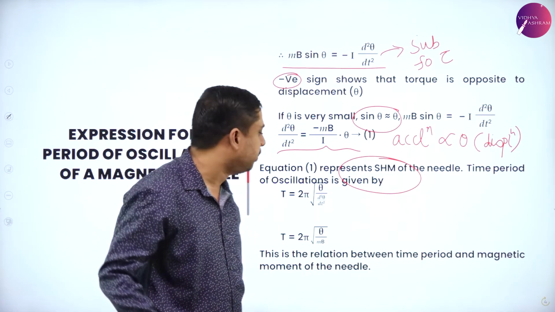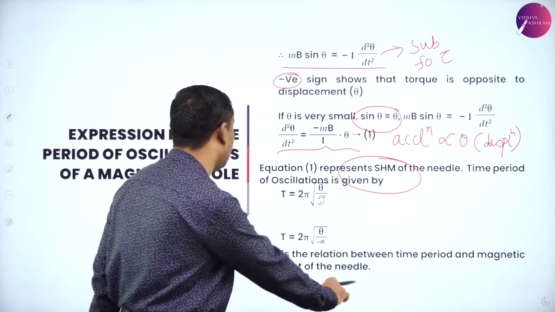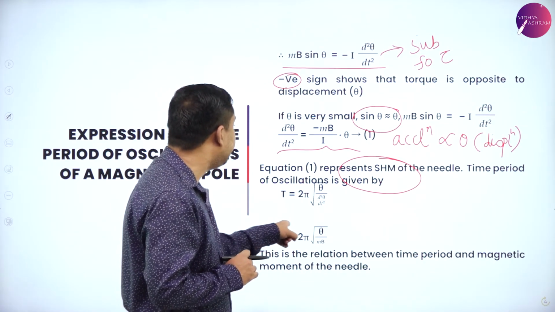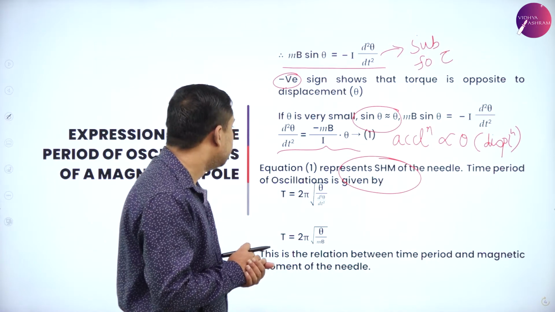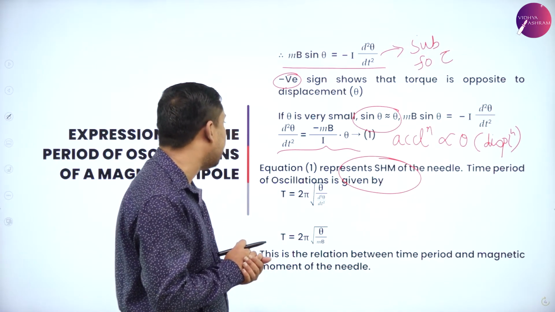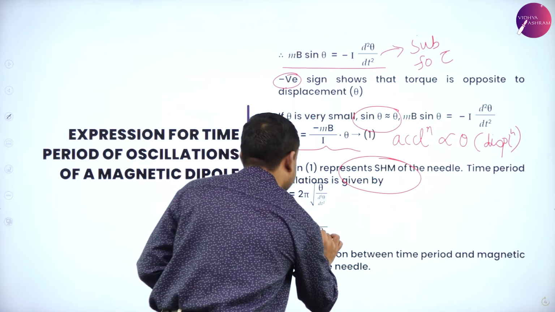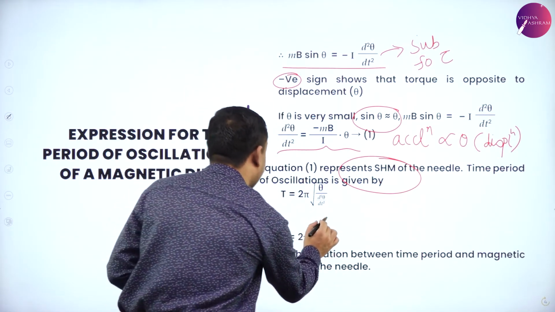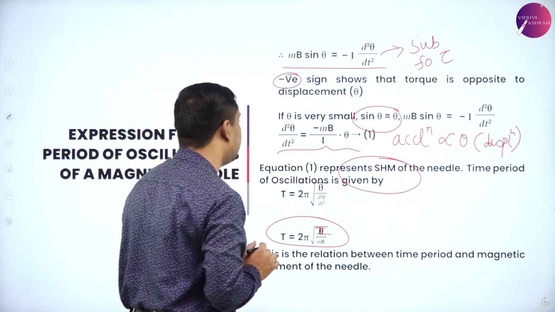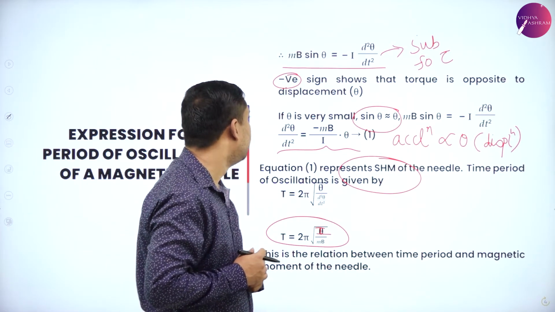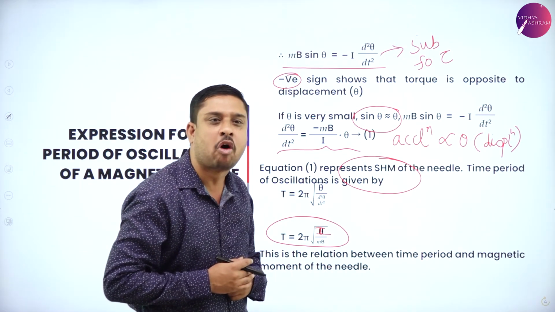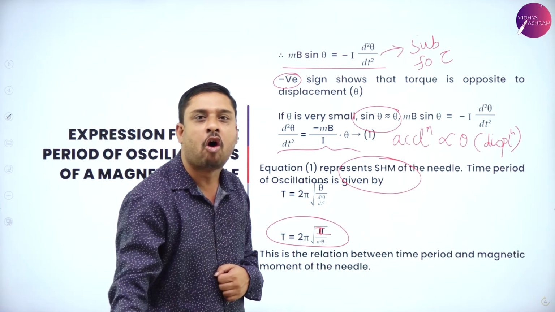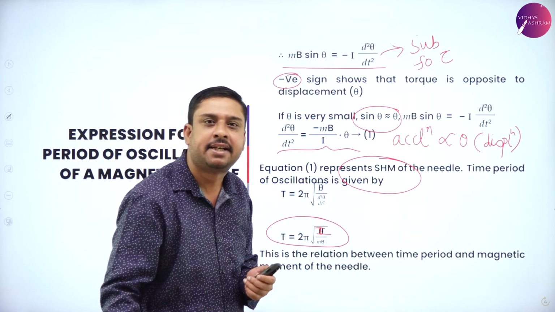And therefore, substituting, we have T is 2 pi root of I divided by mB, and this gives the relationship for the period of oscillations of a magnetic needle.